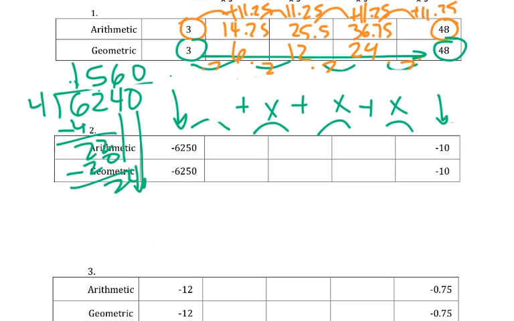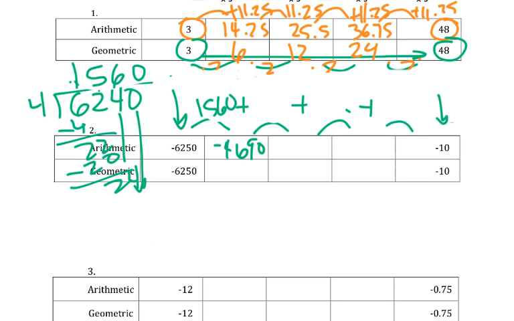So we were going to be adding 1,560 each time. So we would go negative 6,250 plus 1,560. That would give us negative 4,690.